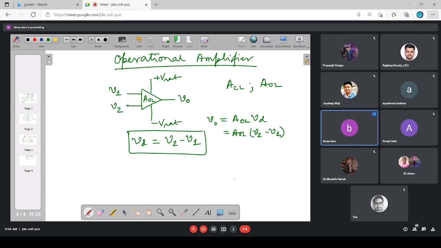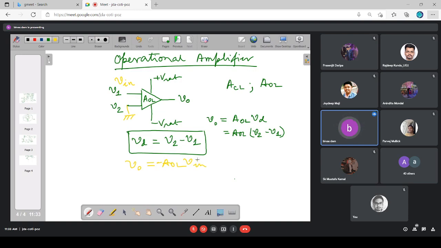Now, if I ground V2 and connect Vin to V1, what will be your expression for V0? Minus AOL into Vin.